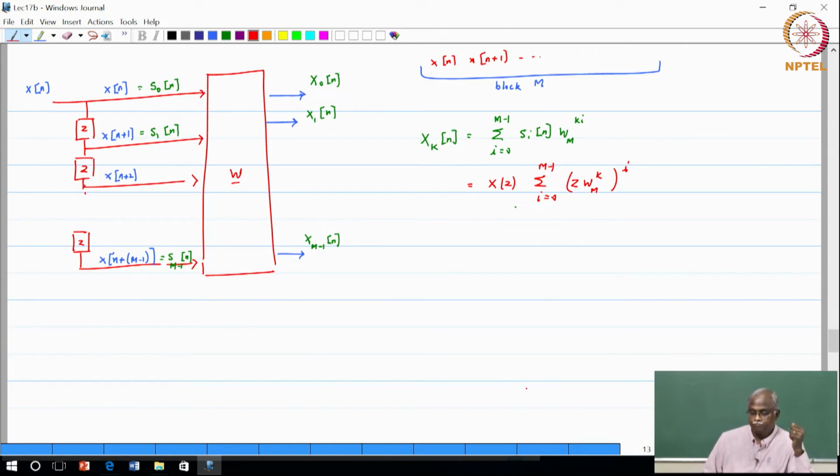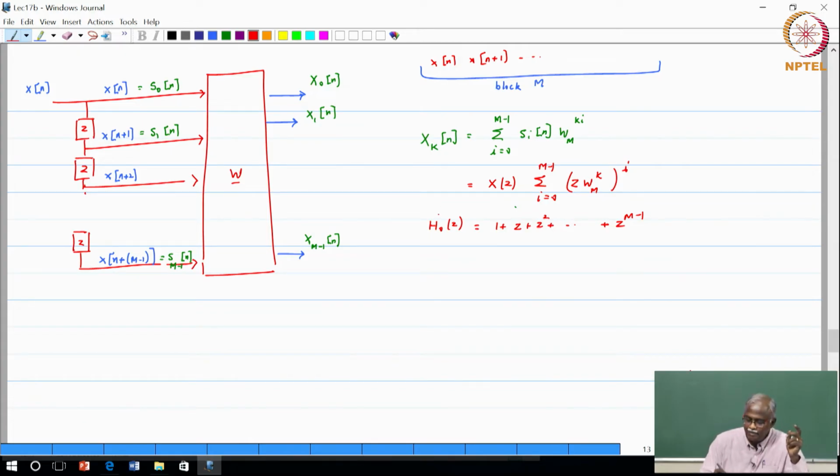Okay. Very, very important. So, what is h naught of z? Set k equal to 0, it will be equal to 1 plus z plus z squared plus last term z power m minus 1. This is a comb filter, but going in the backward direction, non causal.